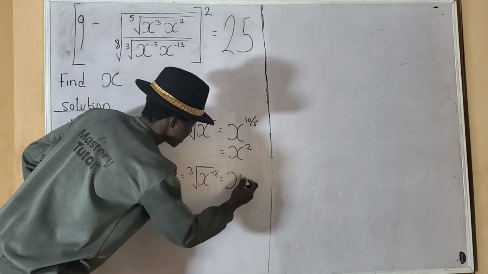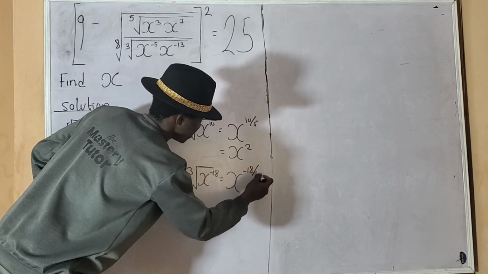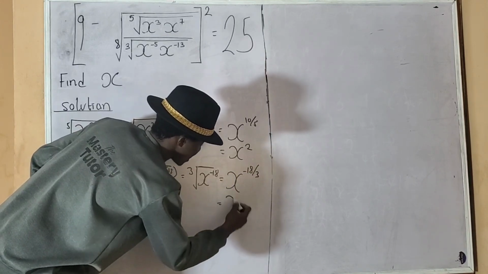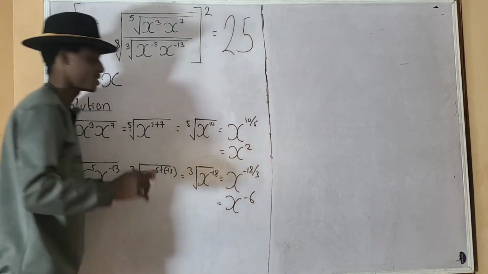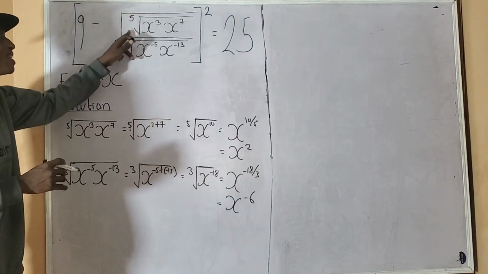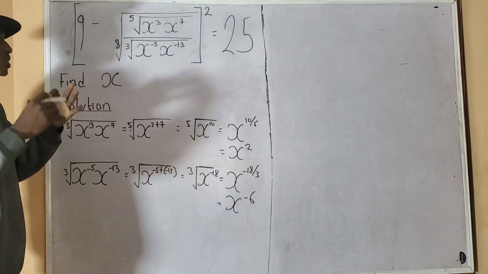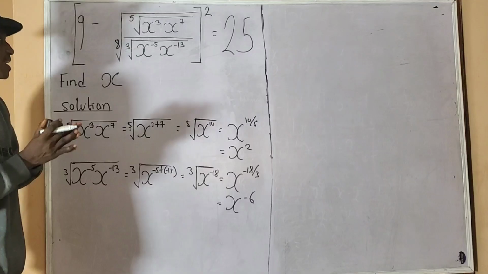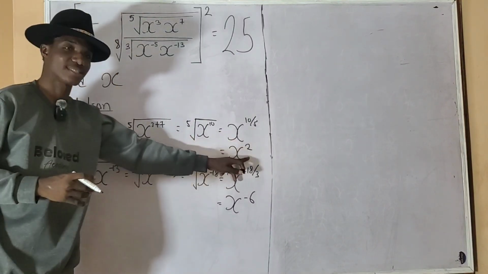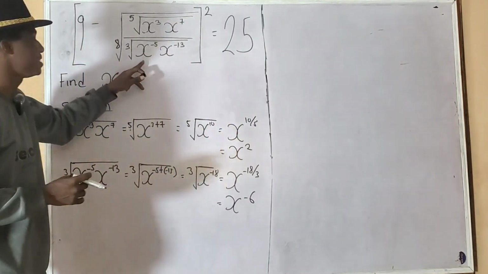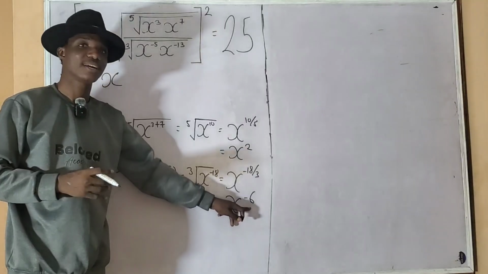So here I'm going to have x raised to the power of negative 18 divided by 3. This will be equal to x raised to the power of negative 6. So we are done with what we have here and what we have here. So I'm going to replace the numerator with x raised to the power of 2 and the denominator with x raised to the power of negative 6.